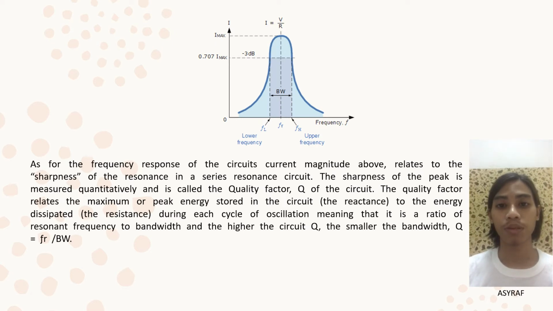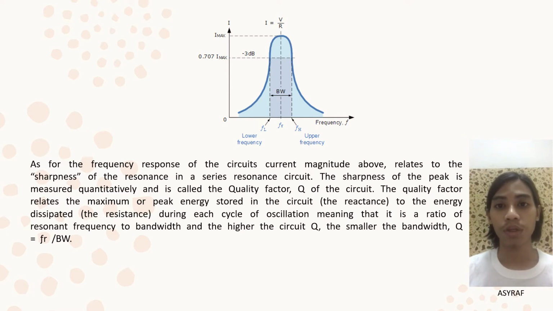Next, the frequency response of the circuit current magnitude relates to the sharpness of the resonance in a series resonance circuit. The sharpness of the peak is measured quantitatively and is called the quality factor, Q, of the circuit.